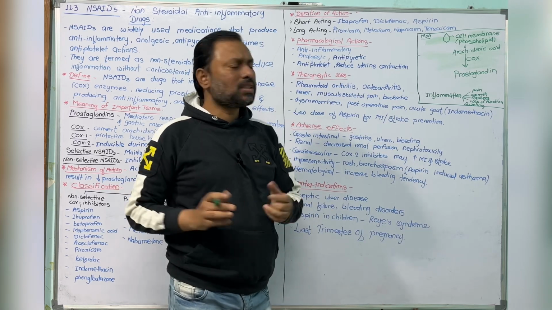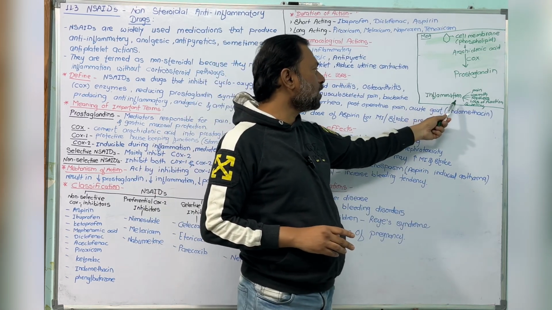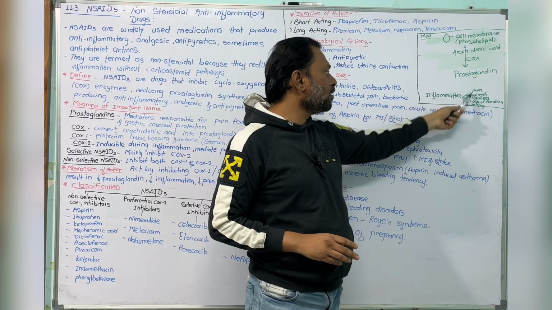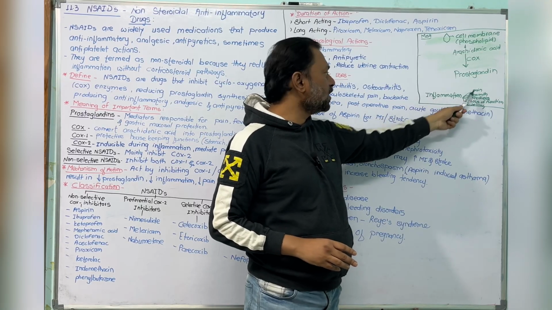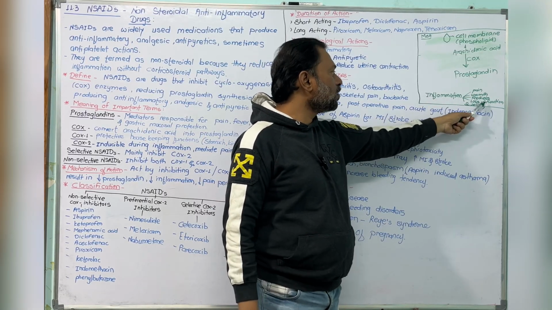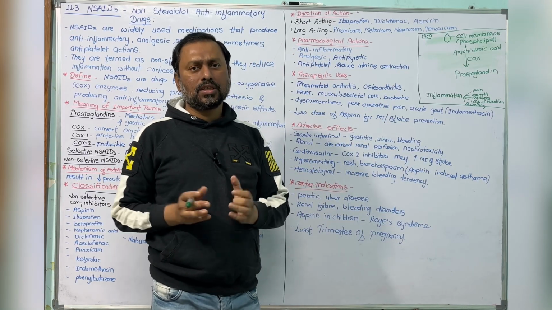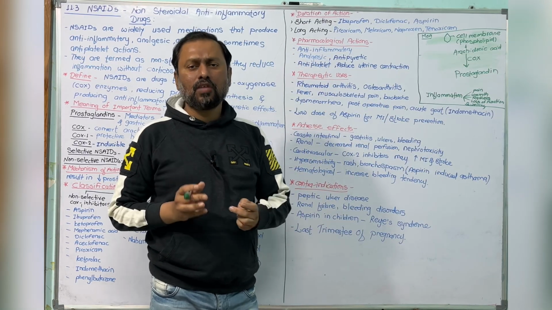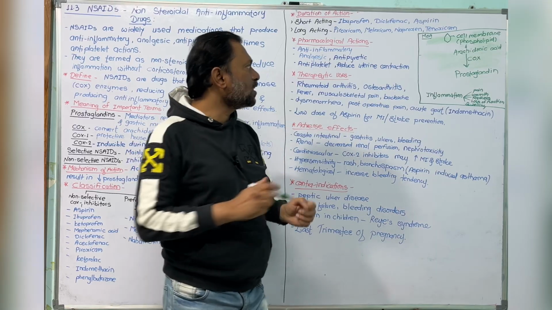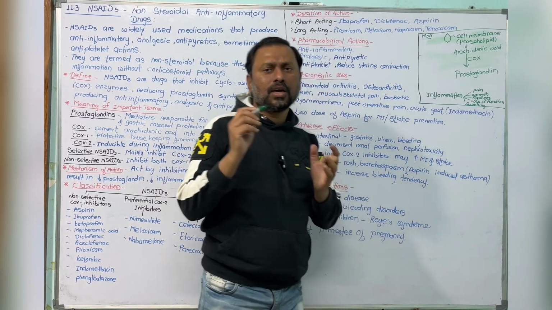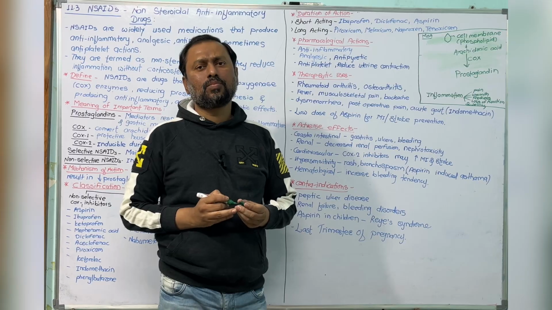The symptoms that arise are pain, warmth or hotness, redness, loss of function, and swelling. You can see these symptoms whenever inflammation is there. This is the method by which inflammation is produced.